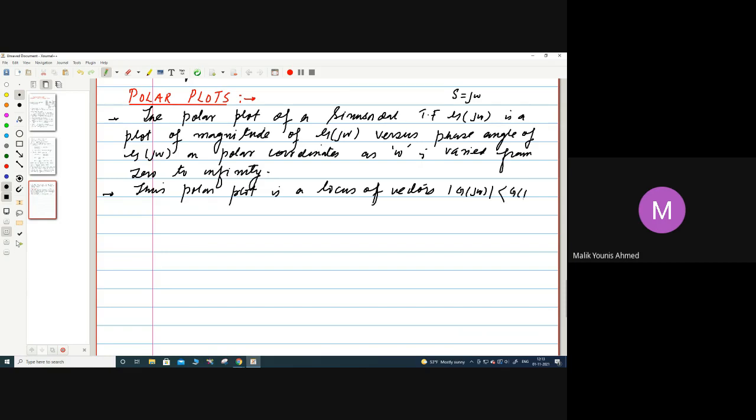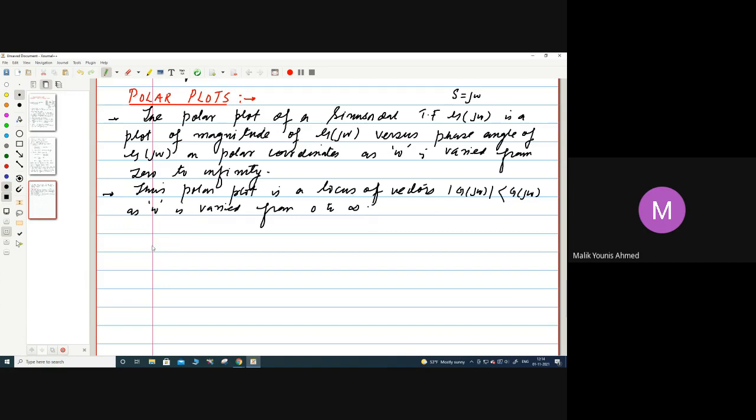So this path we have to find. The polar plot is a locus of vectors, magnitude of G of jω and angle of G of jω, as omega is varied from 0 to infinity.